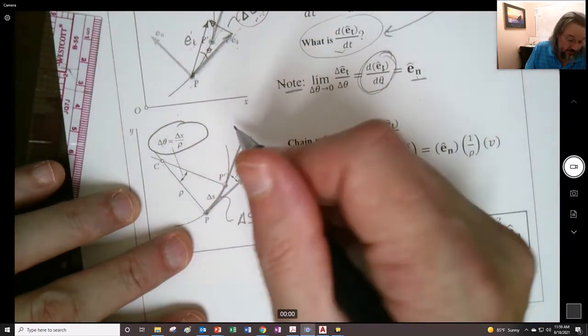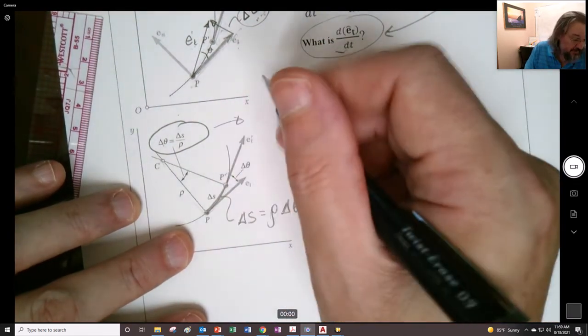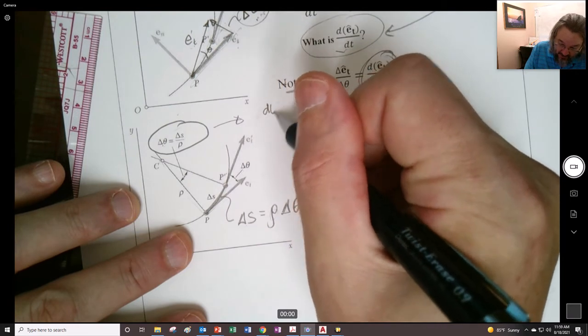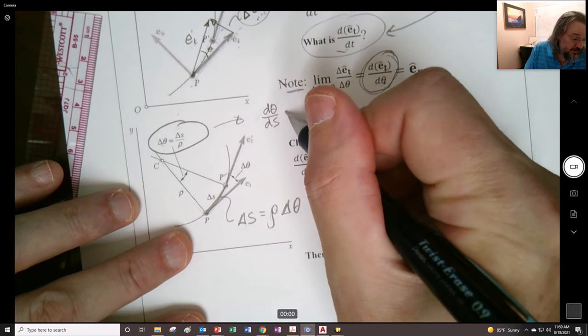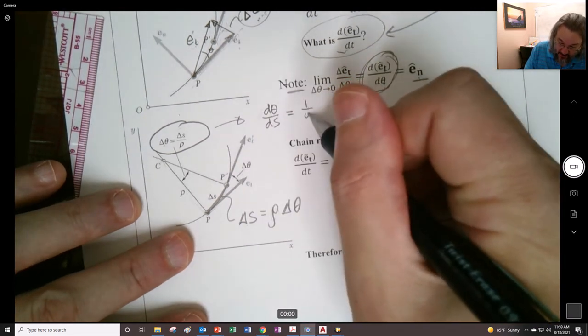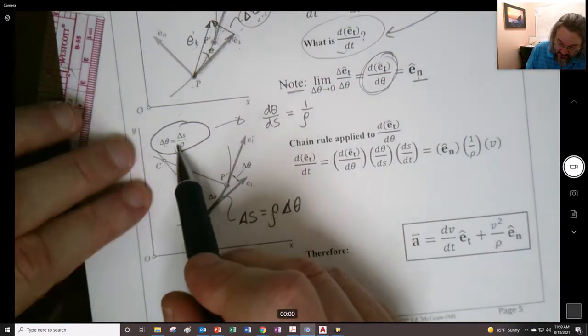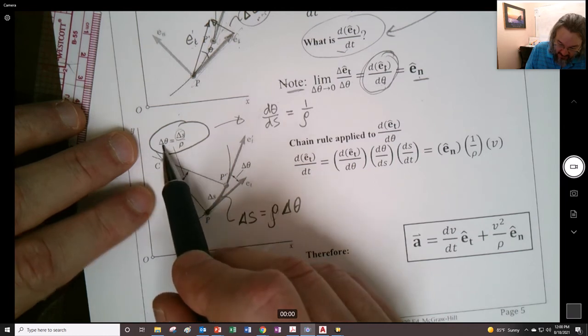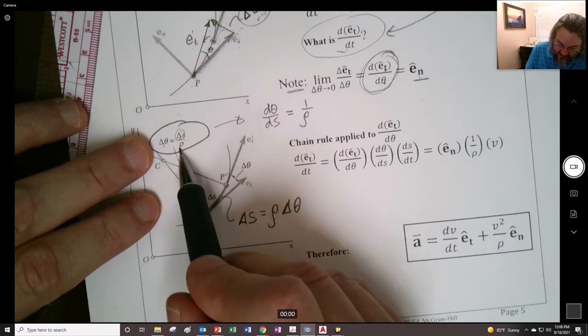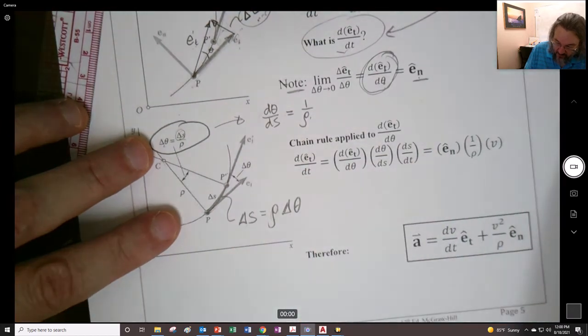And therefore, as it got smaller, we could say d theta ds, just doing a little bit of manipulation here, is 1 over rho. You see that? We divide that delta theta by that delta s, and we get 1 over rho.